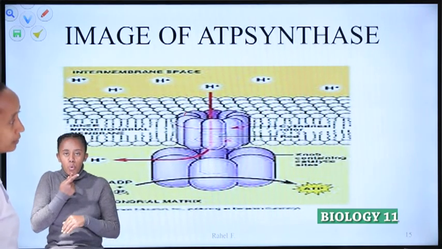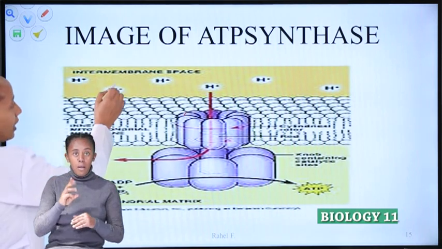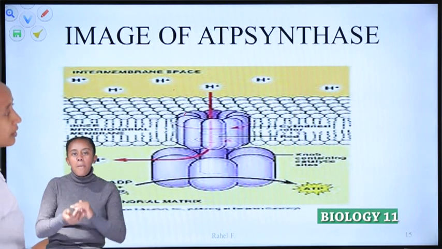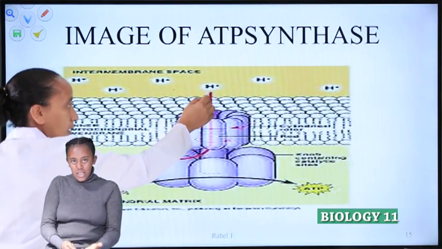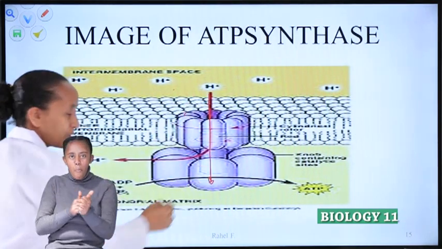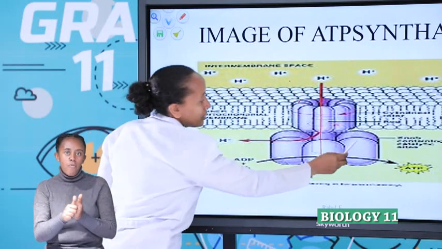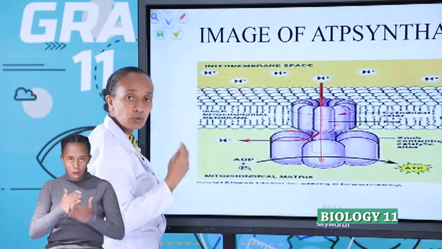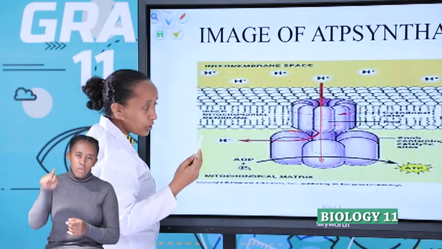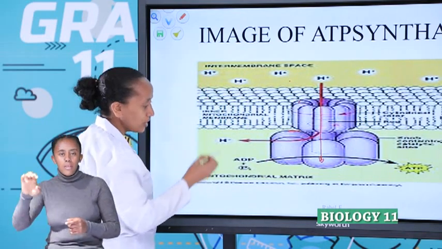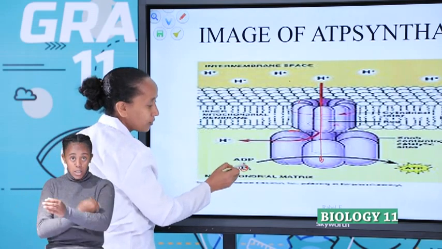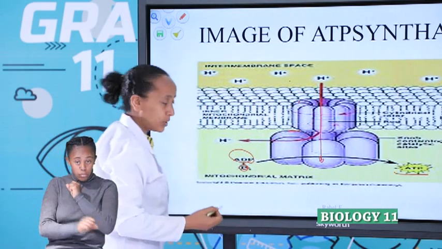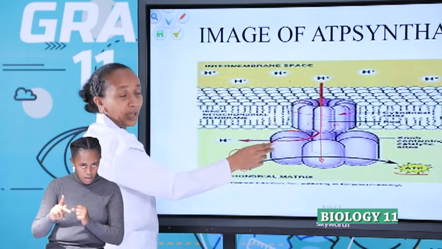Hydrogen ions, as you see here, accumulate in the intermembrane space, and when these protons pass along the ATP synthase, the lower part of the molecule starts to rotate. This rotation provides energy to bind phosphate with ADP to form ATP.